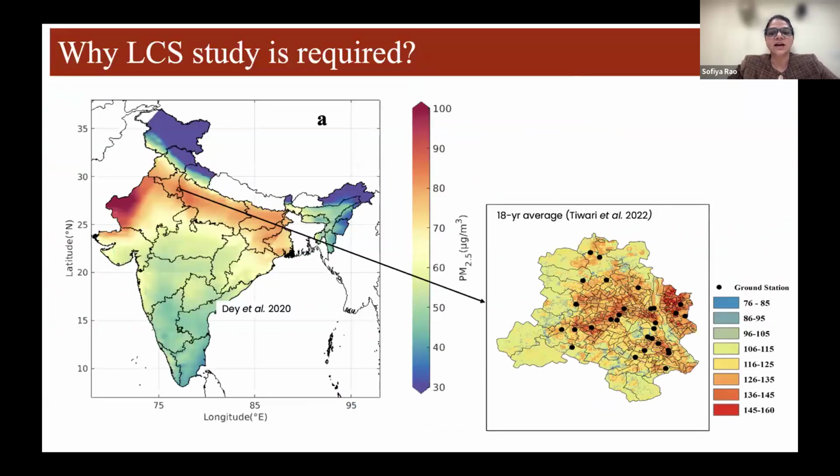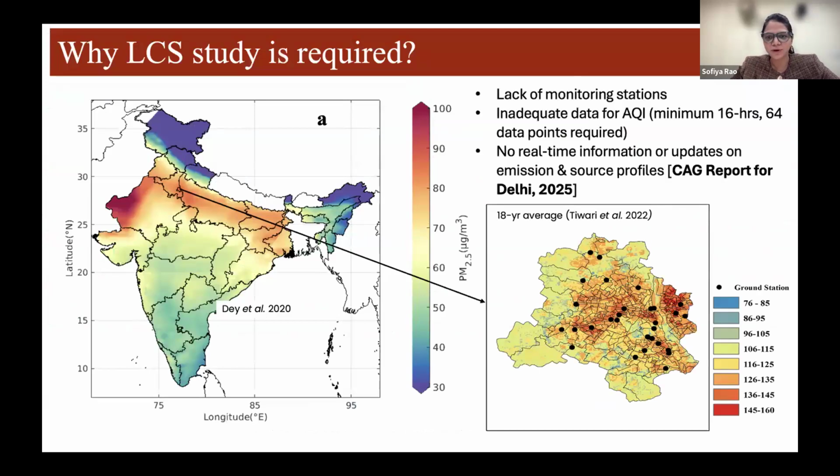So why is a low-cost sensor study required? Before jumping to the exact topic, I would like to pay some attention to why an LCS study is required. The major challenge is the lack of monitoring stations. When the sites for the CAQMs were originally planned, that design does not fit today's world.